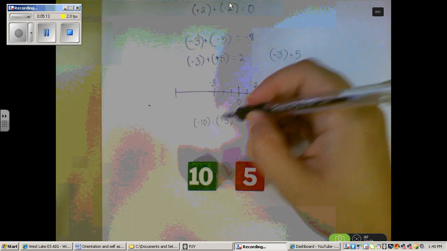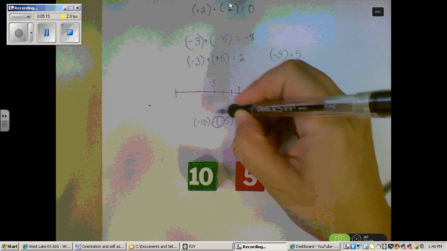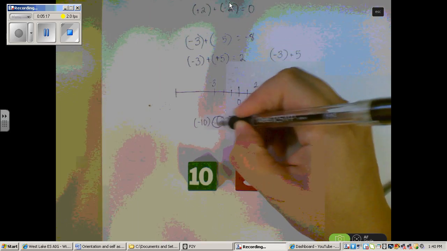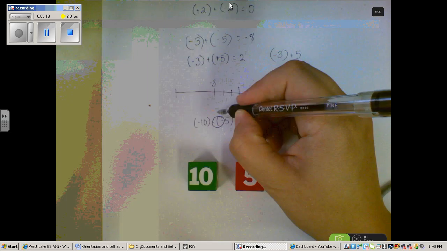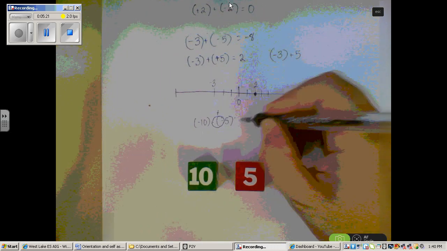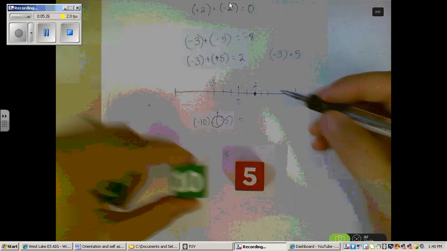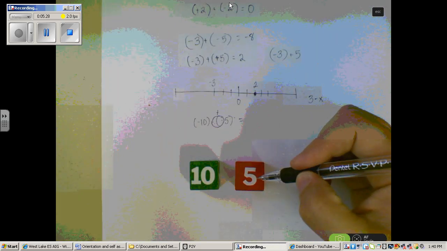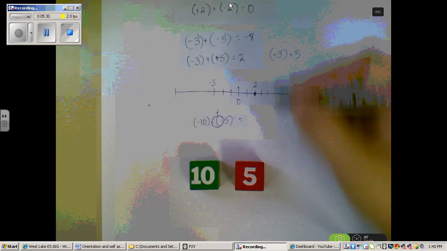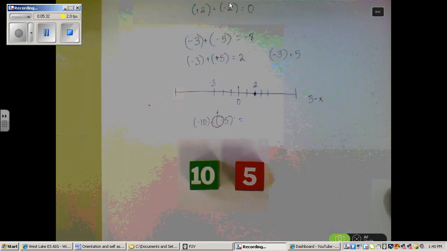So now, these two symbols, the subtraction and the negative number, we're adding 5, and you end up with just 5. Because negative 10 minus 5, and now it's back to the problem like we had before.